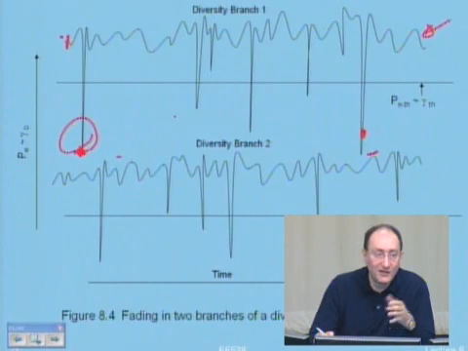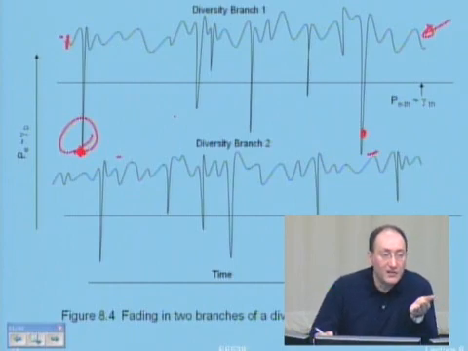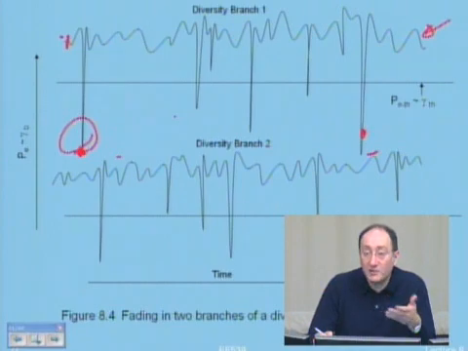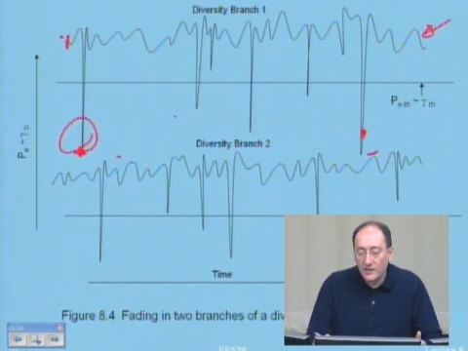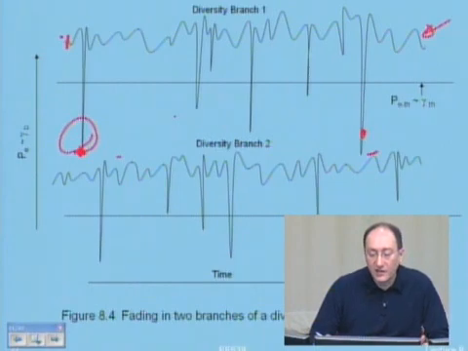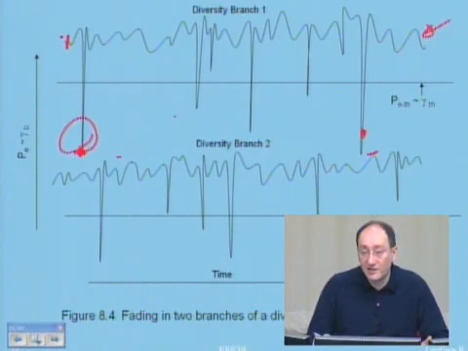The other one is called another branch of diversity. The question is, how can I generate these branches of diversity? The simplest and easiest one is the so-called space diversity.